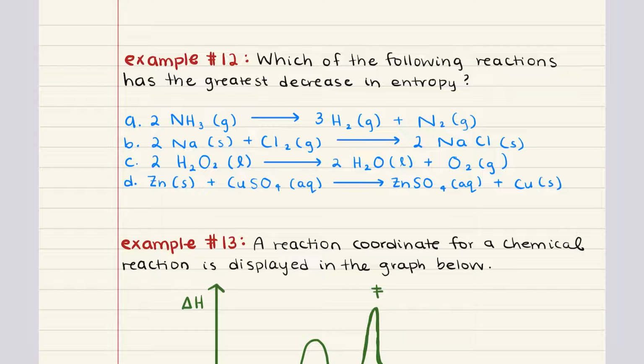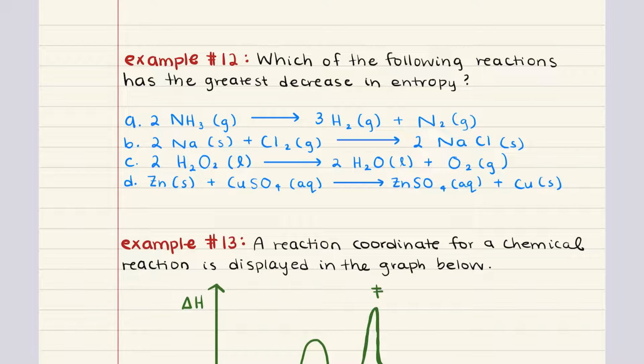Problem 12 says, which of the following reactions has the greatest decrease in entropy? Now, as a reminder, entropy is a measure of the disorder or randomness of a system. Generally, gases have a higher entropy than liquids, which have a higher entropy than solids. So, when a reaction produces more gas molecules or moves from solid to liquid or gas, then there's going to be an increase in entropy.